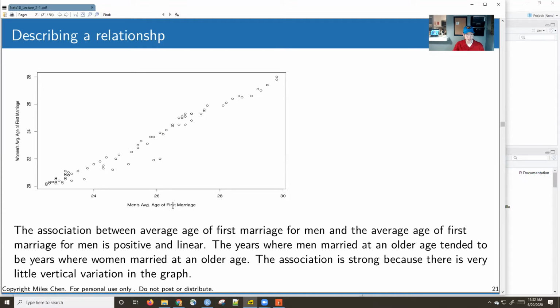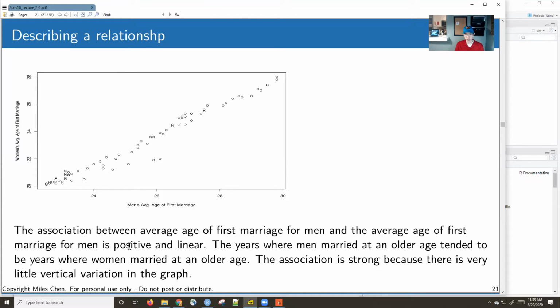Okay, so here we're looking at, again, men's average age of first marriage and women's average age of first marriage. And so if someone were to ask you to describe a relationship, mentioning the three things that we were talking about, that is the direction, the shape, and the strength, we might say something like this. The association between average age of first marriage for men and the average age of first marriage for, oh, this should say women, that's a typo, for women is positive and linear, okay?